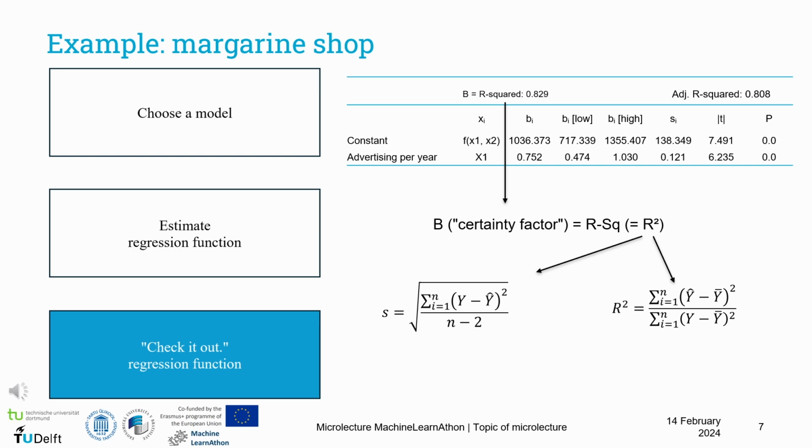The formula for R squared compares the variation explained by the model to the total variation in the data. A higher value indicates a better fit. The standard error, denoted by s, tells us how much the observed data deviate from the predicted values on average.